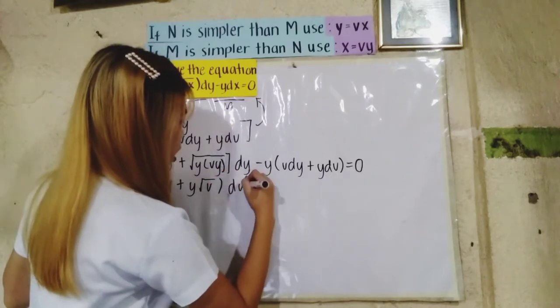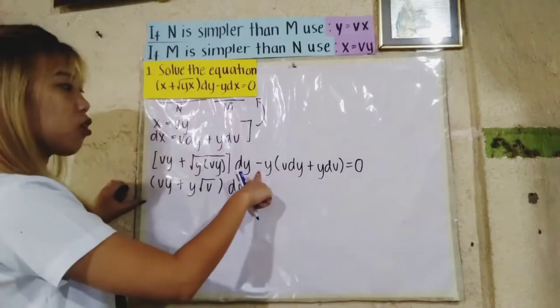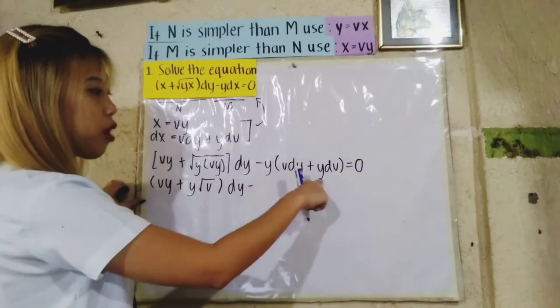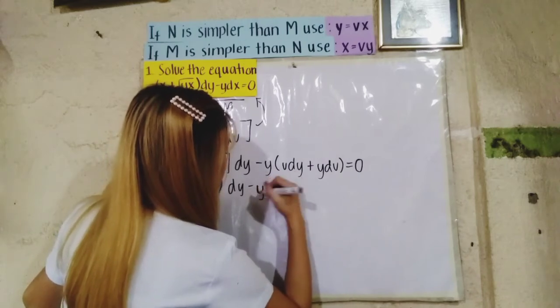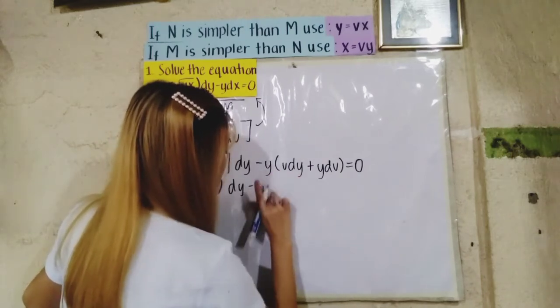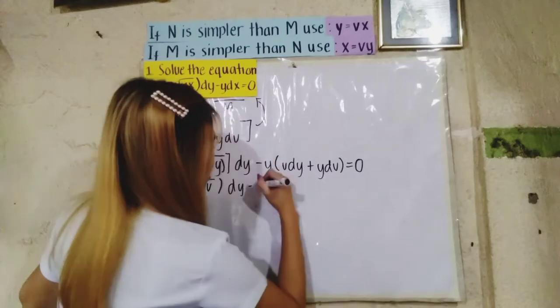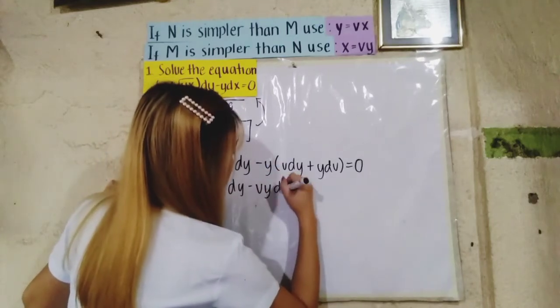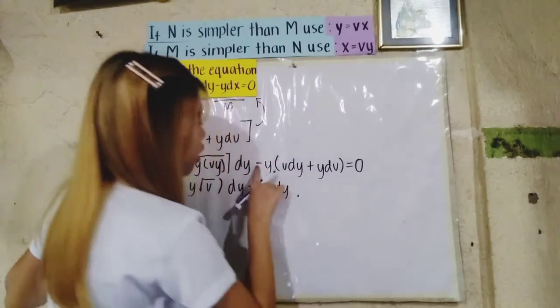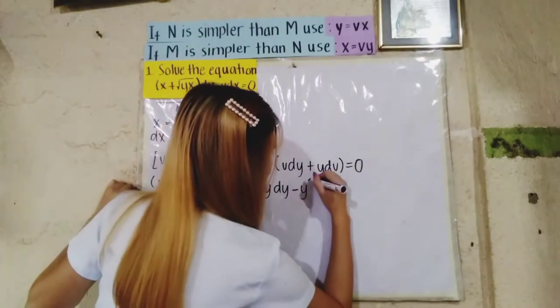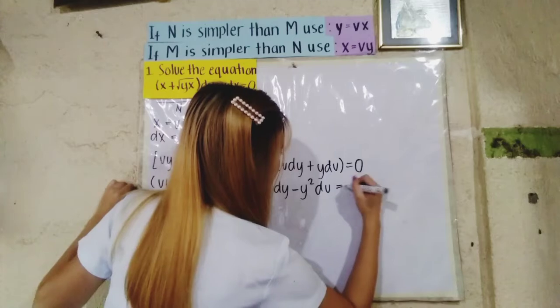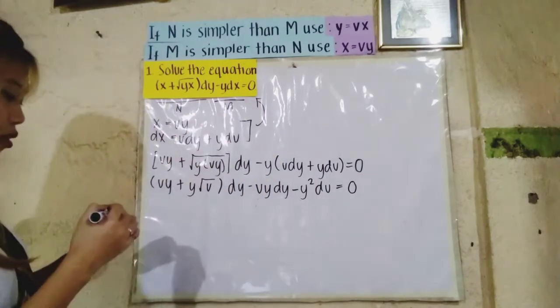Then, copy dy minus, distribute na natin itong negative y dito sa loob ng v dy plus y dv. We have vy, plus, negative, multiply by positive, we have negative y squared dv equal to 0.